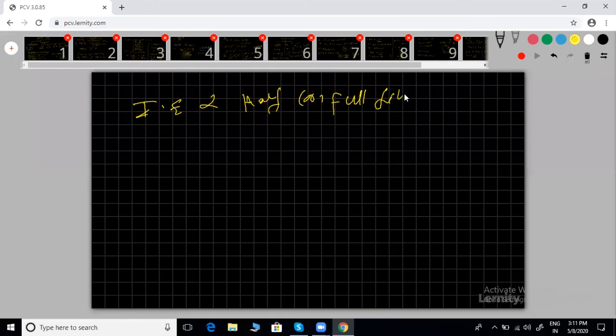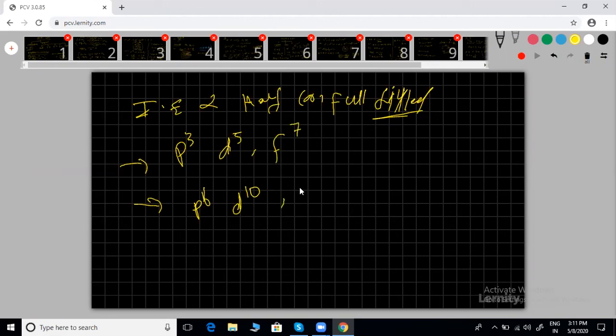I hope you know d5 and p3 are more stable configurations, and p6, d10. We can apply f7 and f14 also, which are half-filled and fully filled orbitals. Removing electrons from these orbitals is very difficult. We need to supply more energy.